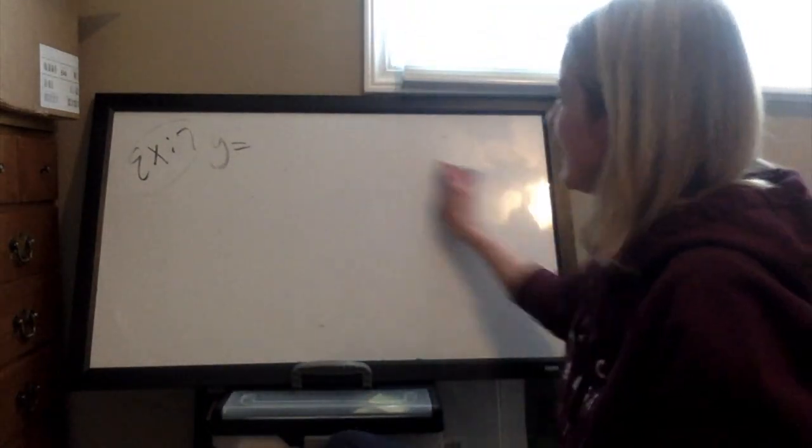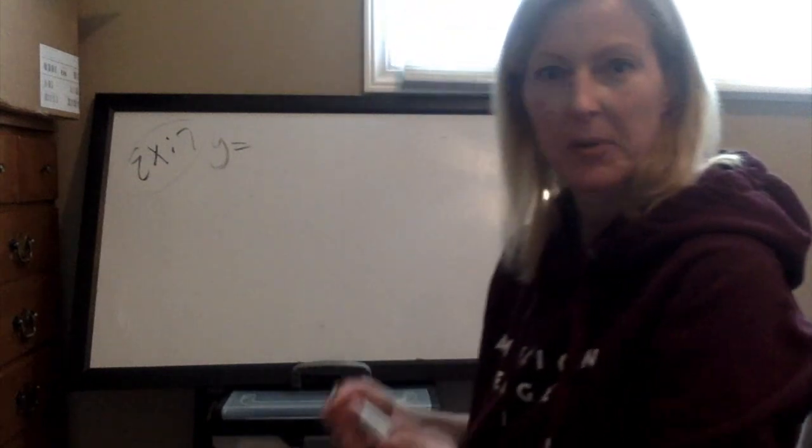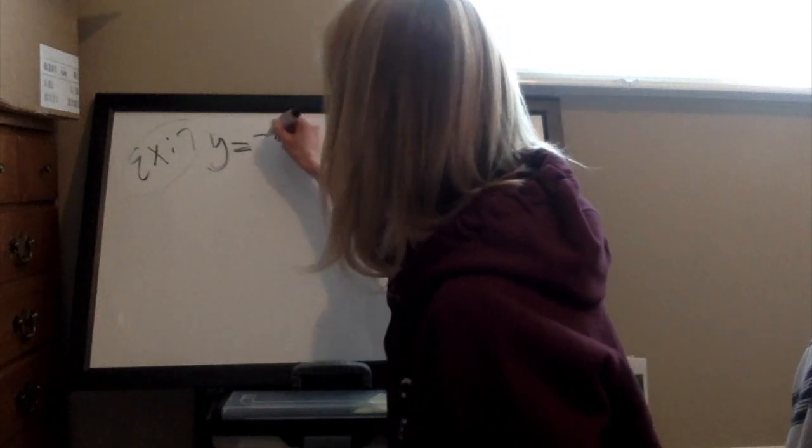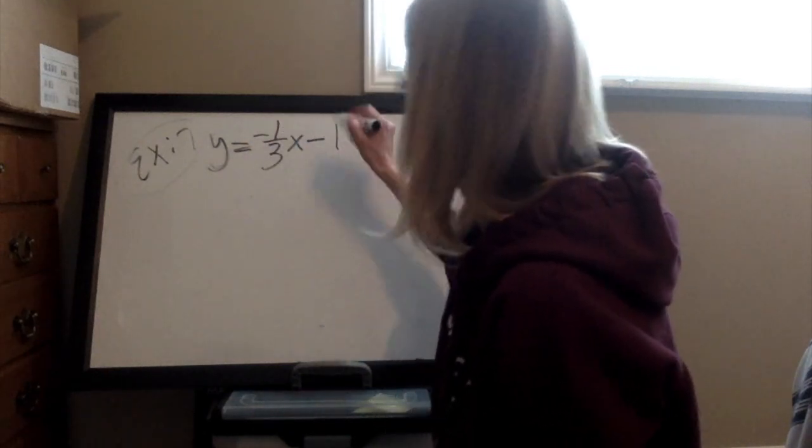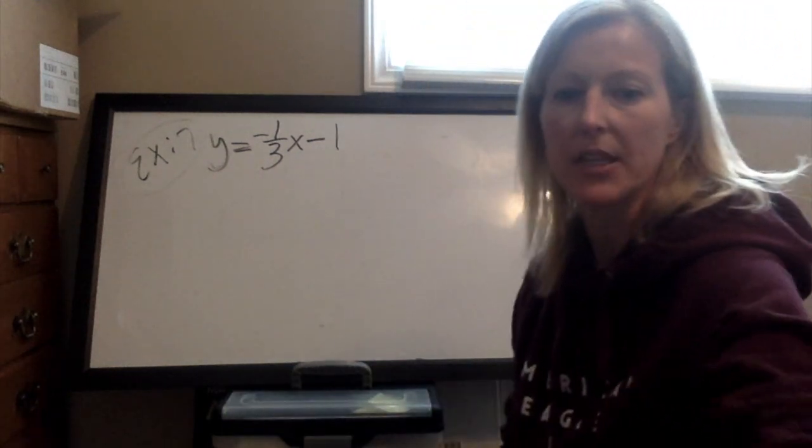It's not dry. All right, bear with me, you guys. We're in this together. Okay, so it's going to be y equals -1/3 x minus 1. That's what they give me.